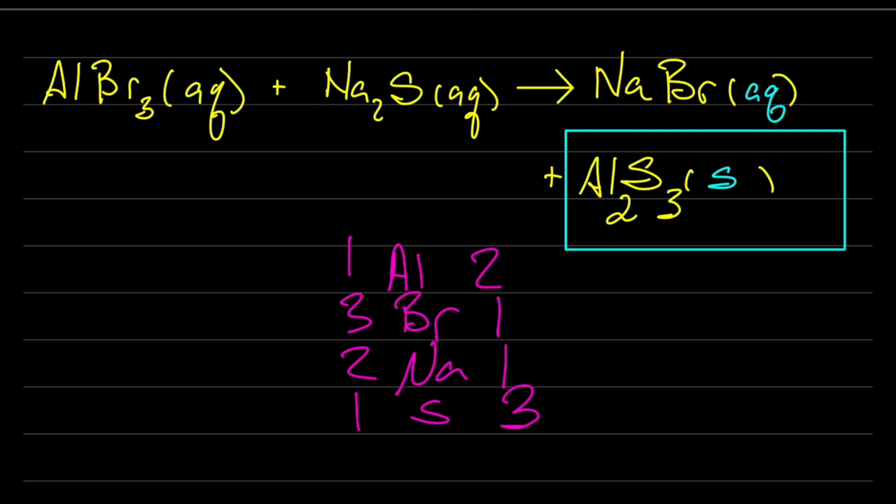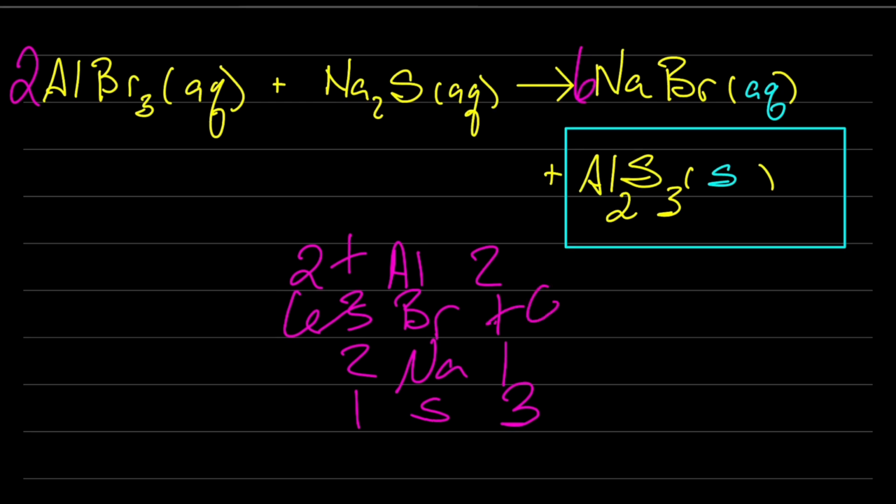So let's see if I put a 2 here. This will give us 2 and 6. Bromines, let's see. I guess I could put a 6 right here, giving us 6 and 6.